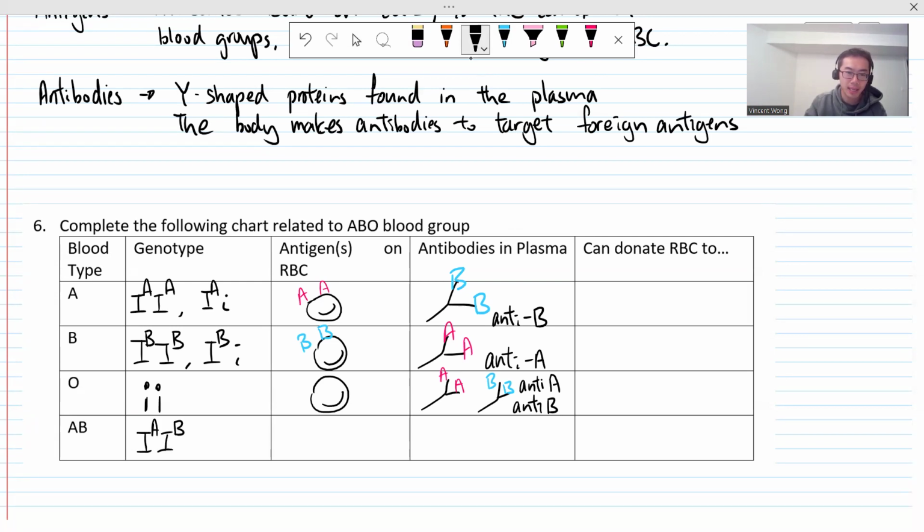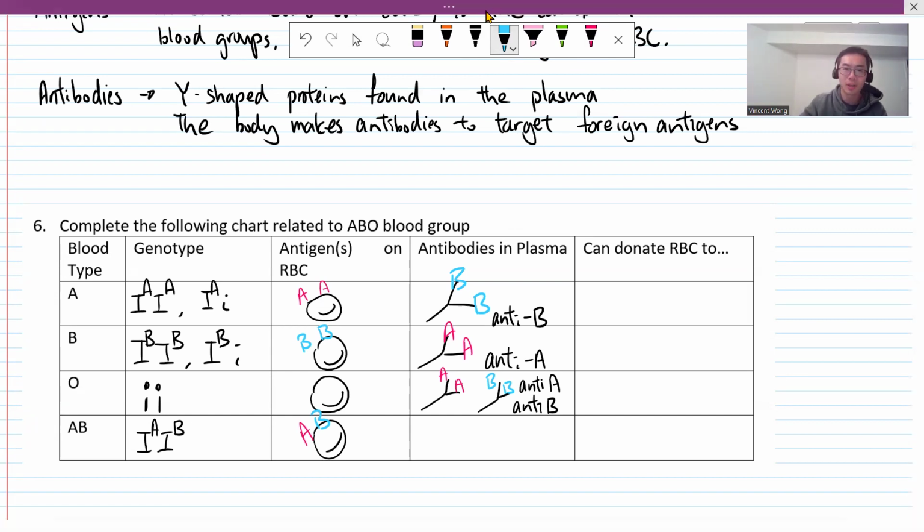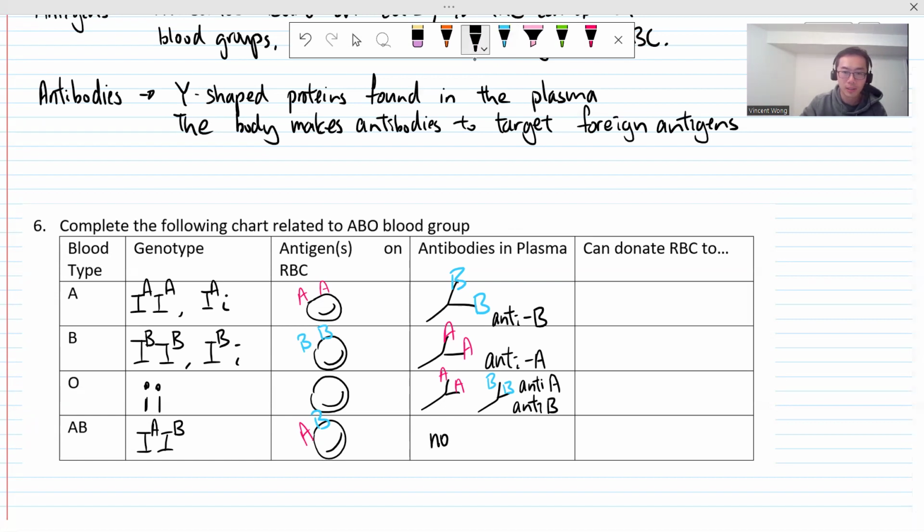AB type is IA IB. These people have both A and B on them. So what kind of antibodies do they produce? Nothing. That's right. No antibodies. Otherwise, if they make anti-A, they will end up attacking their own cells.